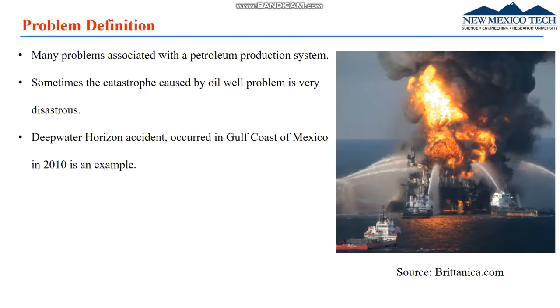This is the drilling rig named Deepwater Horizon, and the reason for the accident is that there was no good approach to monitor the risk of drilling. You can see that the consequence is very serious, and it caused many economic costs as well as human casualties.